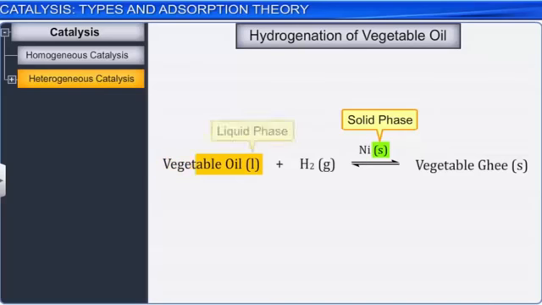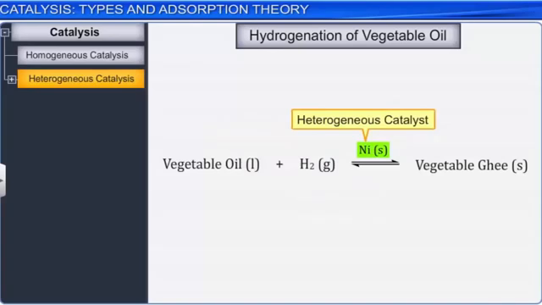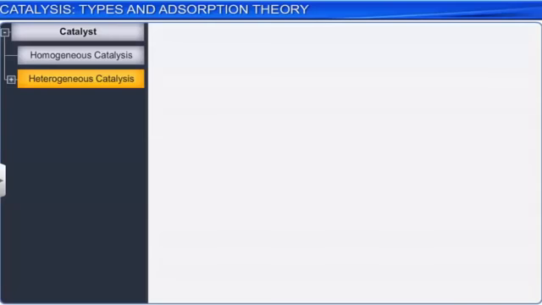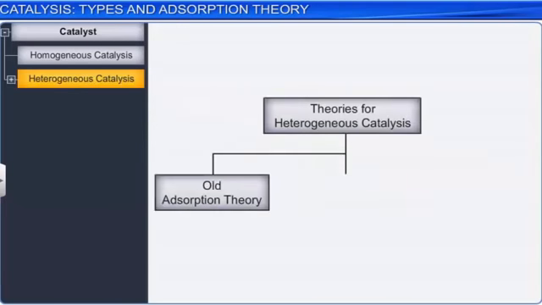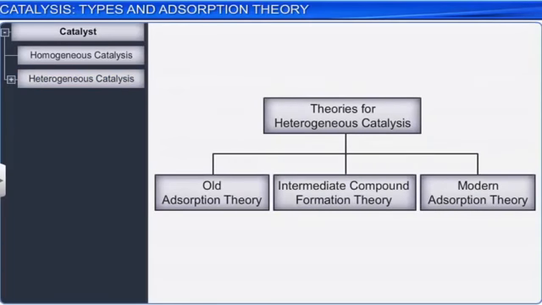Thus, nickel is a heterogeneous catalyst, and this is an example of heterogeneous catalysis. Diverse mechanisms of heterogeneous catalysis are known. We will discuss three theories of heterogeneous catalysis, namely, the old adsorption theory, the intermediate compound formation theory, and the modern adsorption theory.